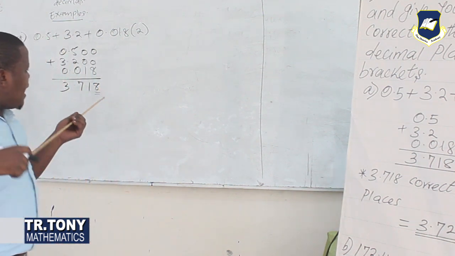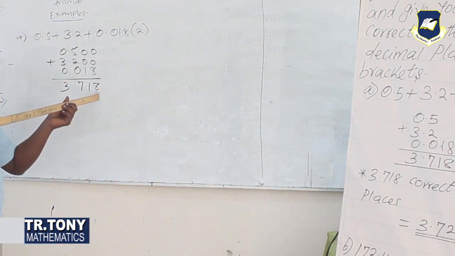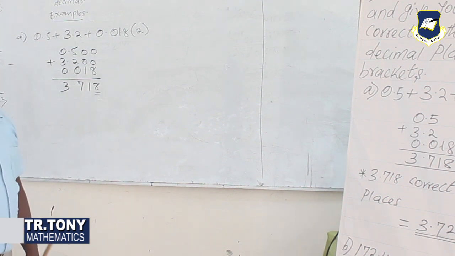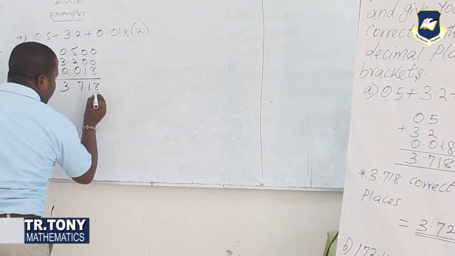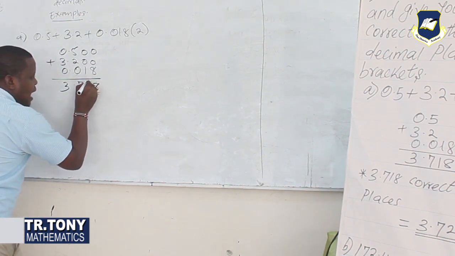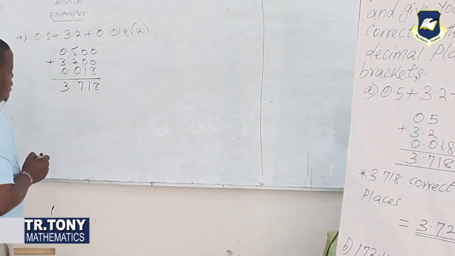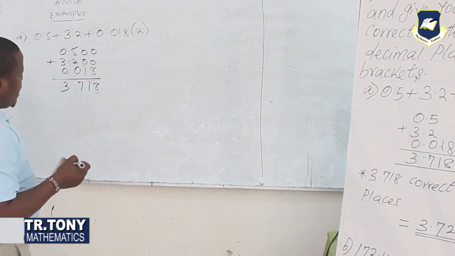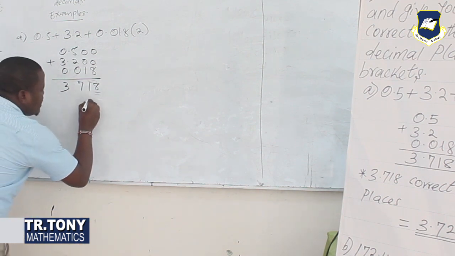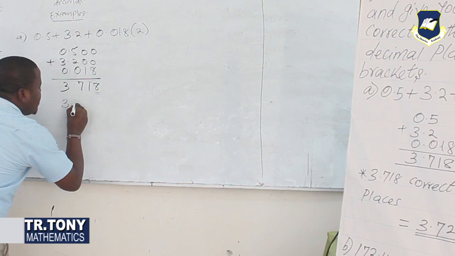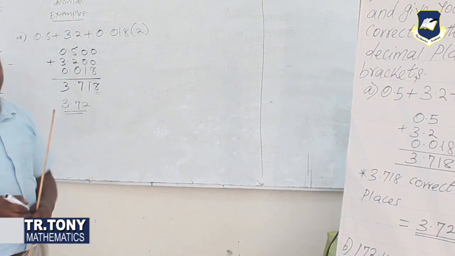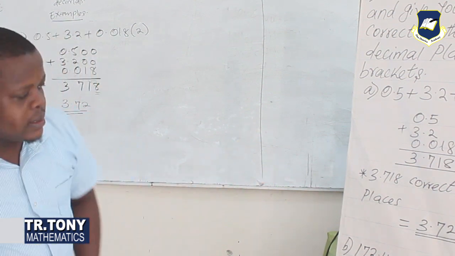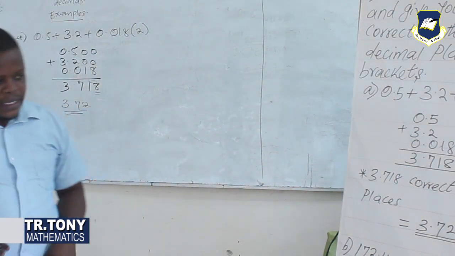When you consider the third decimal number here, which is 8, and you find that it is 5 and above, you just add 1 to the next number and it becomes 2. Such that your answer now will read 3.72 and that becomes your answer. You will have written your answer correct to 2 decimal places.